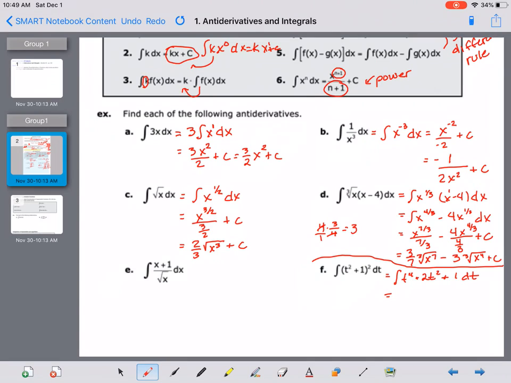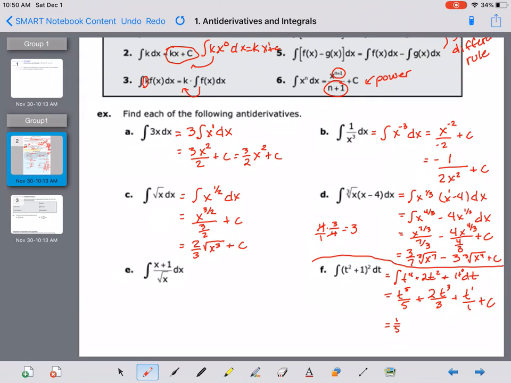So if I add 1, I get t to the 5th over 5 plus 2, remember just bring the coefficient along, t cubed over 3 plus, remember here's a t to the 0, so 1 t to the 1st over 1 plus c. And then I'm just going to rewrite it. I don't like my coefficients mixed, I like my coefficients in front.